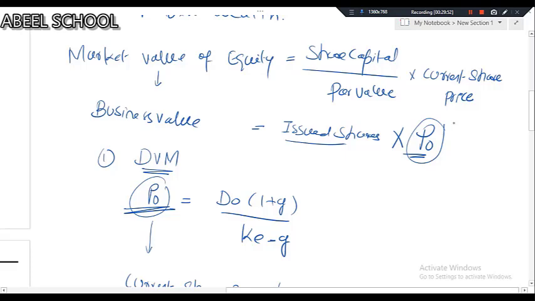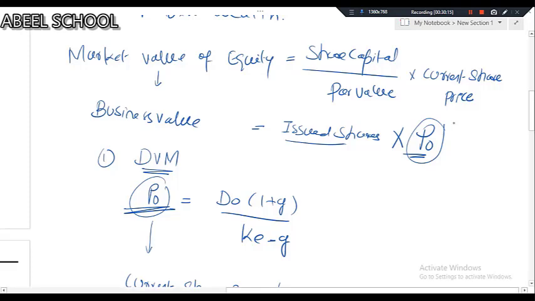So let me repeat. What was the first question? The first question was how to measure the wealth of the shareholder. The answer was by calculating market value of equity, we can measure the wealth of shareholders. If market value of equity is increasing, then wealth of shareholders will increase. If market value of equity is decreasing, then obviously wealth will decrease.